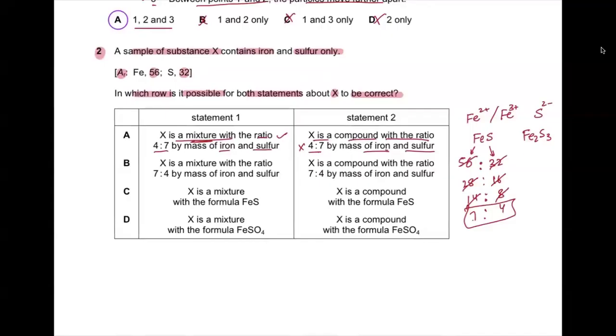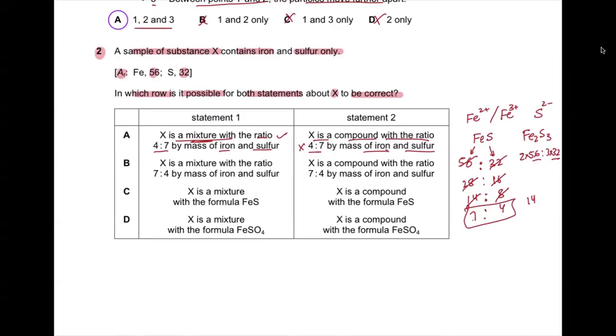Over here, it is going to be twice of 56 to thrice of 32. If you simplify 56 and 32, it ends up as 7 and 4.